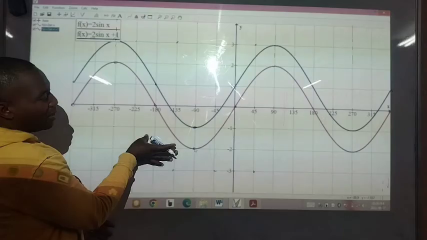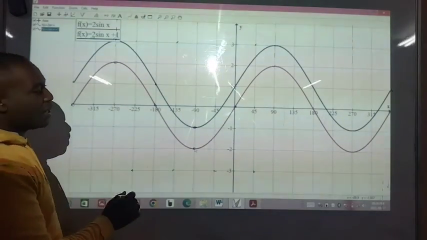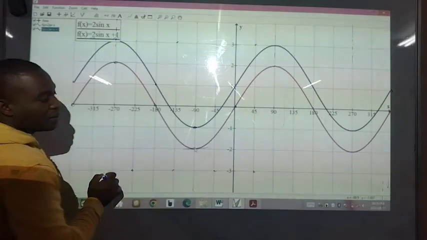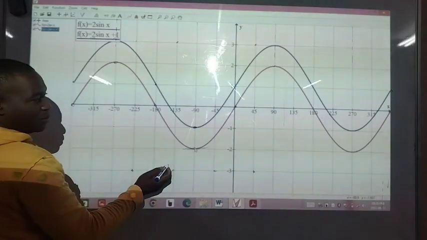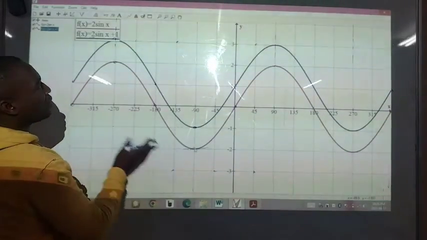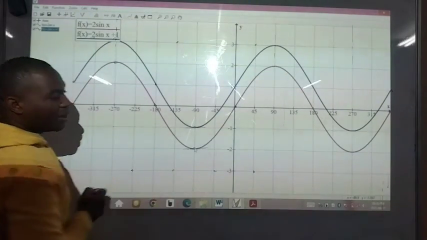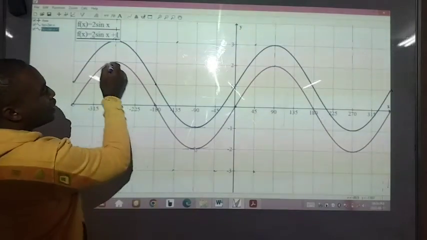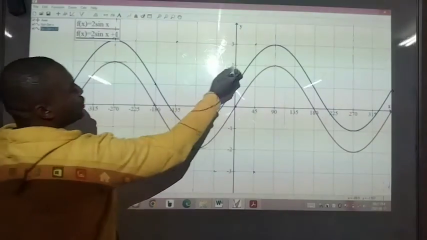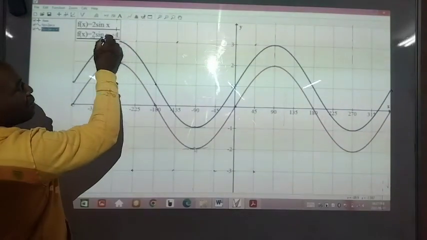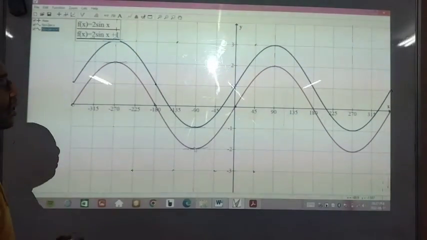What changes are brought by q here is that the minimum was -2. Now, because the graph has been moved up by 1 unit, the minimum is now -1. Also, the maximum was 2, but because the graph has been shifted up, the maximum is now 3.